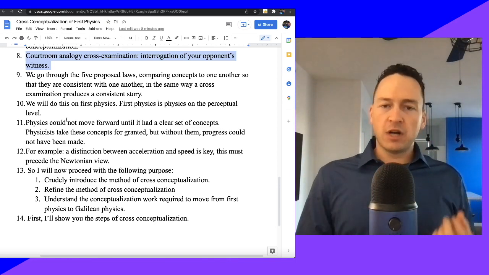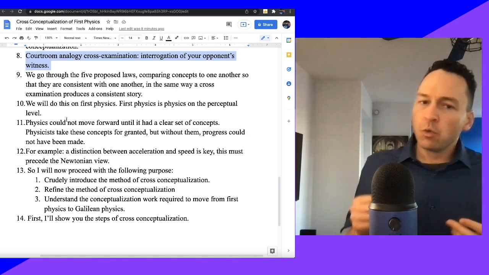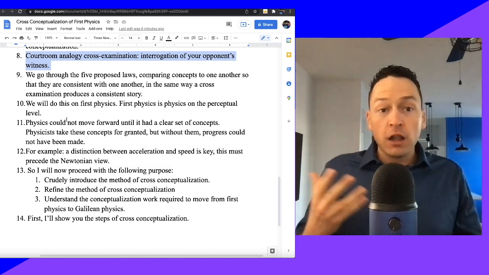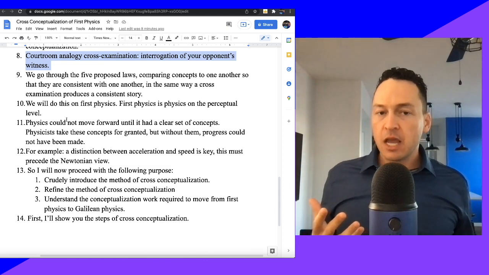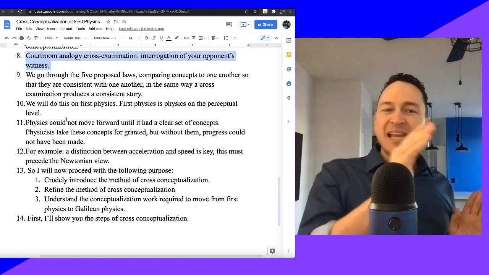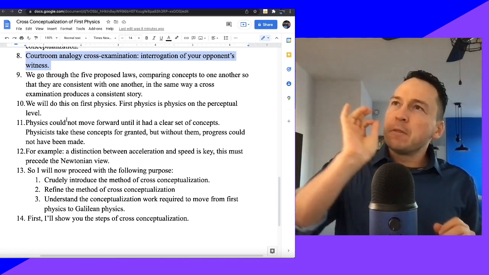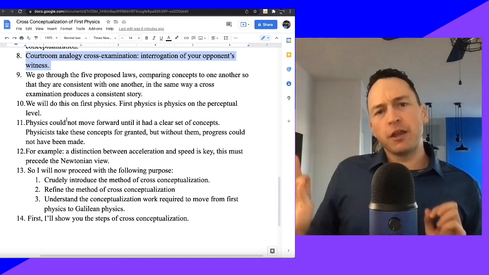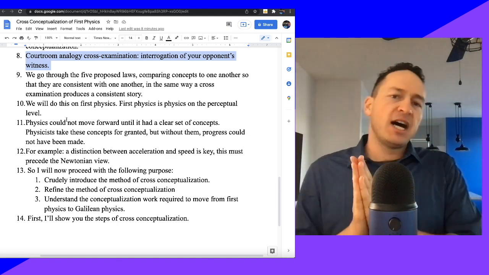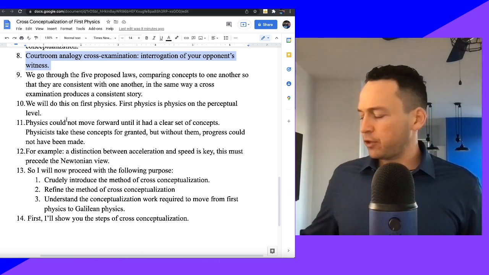That's what we're doing in cross-conceptualization. We're going to put forward certain concepts that follow from observations in a science, but then we're going to cross-examine them. We're going to come at each concept from the perspective of each other concept. And when we do this, we're going to make sure that each concept is consistent with all other concepts.